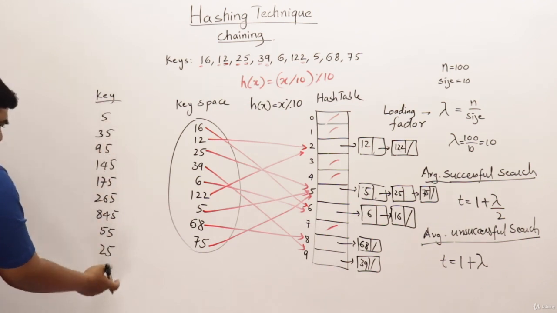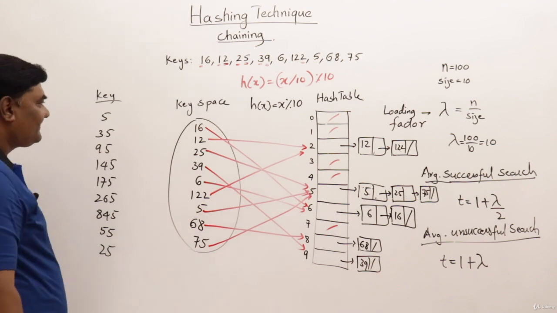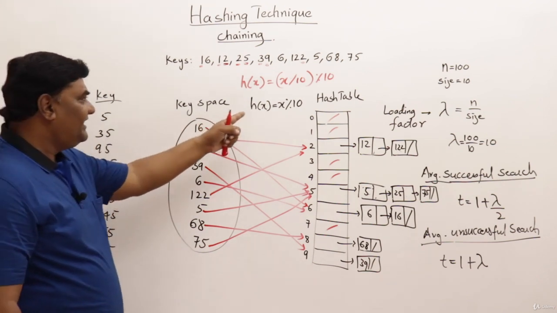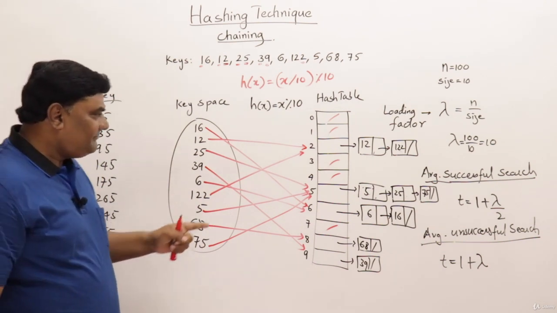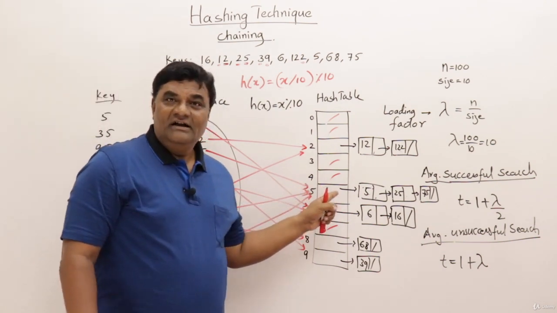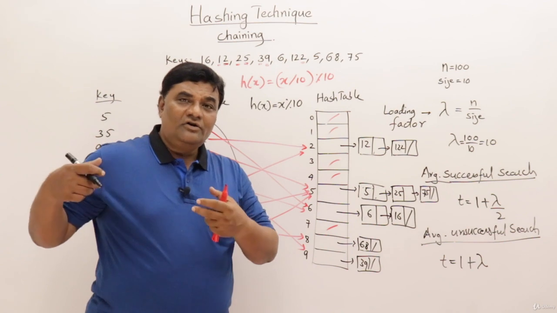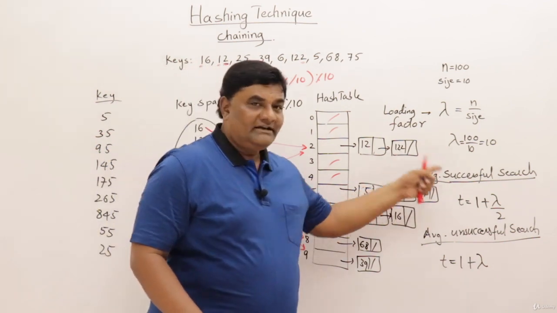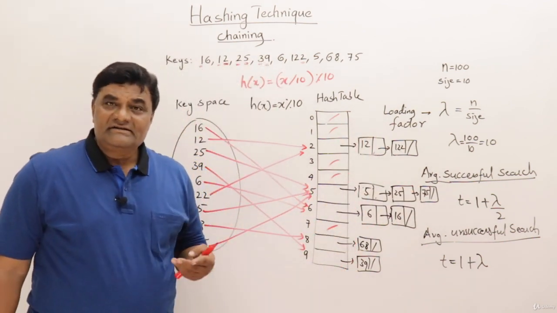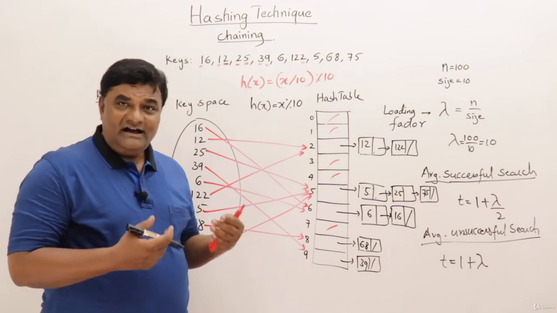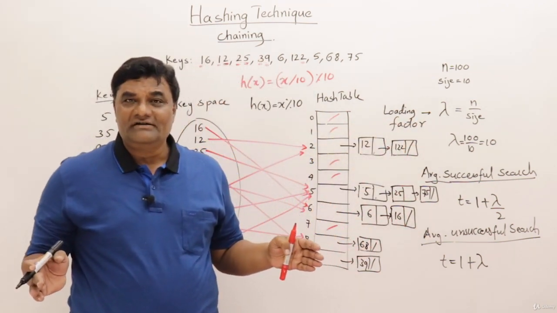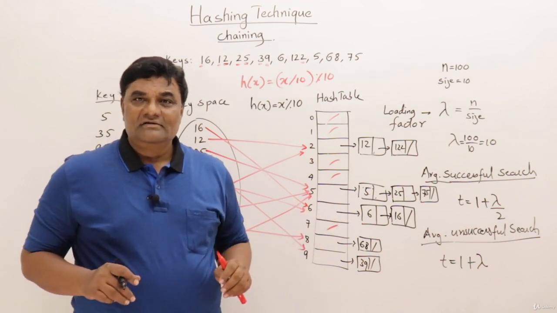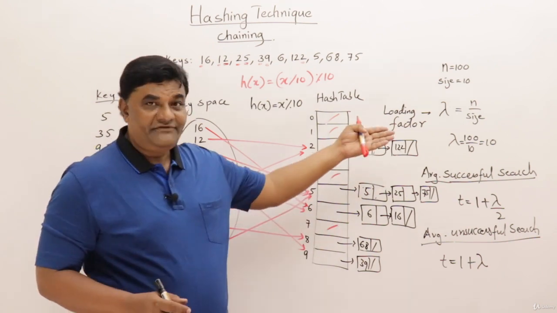All the keys are ending with 5 only. If I use this hash function, mod 10, then all the keys will be mapped at the same index 5 and the chain of all the keys will be formed here only and all the others will be empty. So the assumption that the keys are uniformly distributed, that fails.